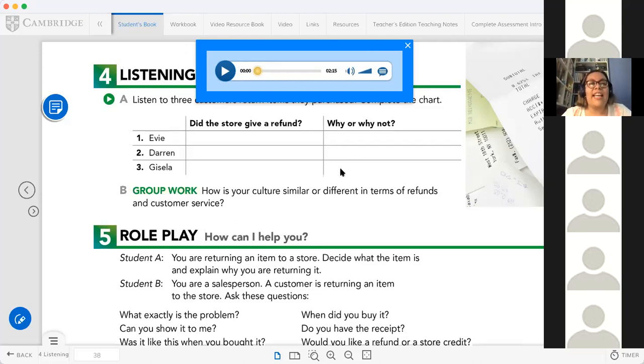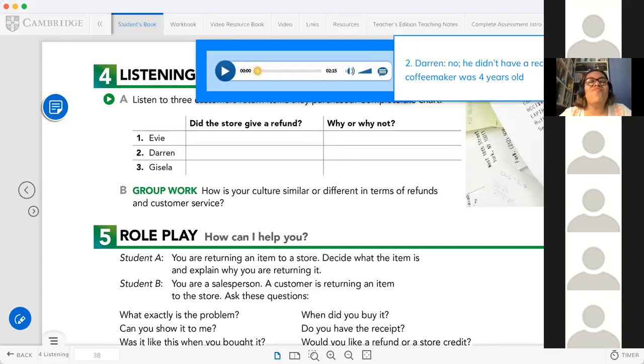All right. Okay, now let's see. What about Gisela? Did she get a refund? No. Why not? Because she don't buy the laptop in that store. She bought her tablet.